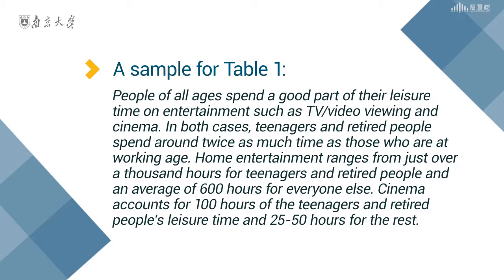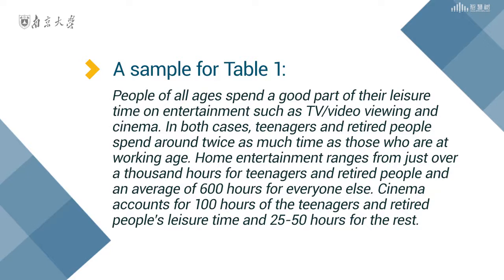People of all ages spend a good part of their leisure time on entertainment such as TV and video viewing and cinema. In both cases, teenagers and retired people spend around twice as much time as those who are at working age. Home entertainment ranges from just over 1,000 hours for teenagers and retired people, an average of 600 hours for everyone else.